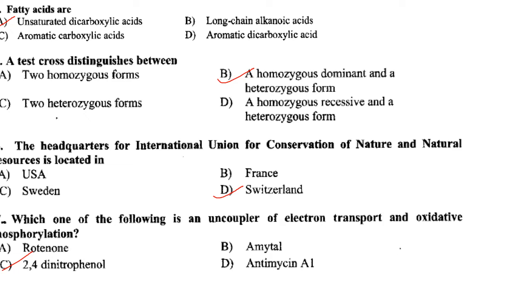Uncouplers of oxidative phosphorylation in mitochondria inhibit coupling between the electron transport and phosphorylation reactions and thereby inhibit ATP synthesis without affecting the respiratory chain and ATP synthase. So 2,4-dinitrophenol is the uncoupler of electron transport and oxidative phosphorylation.